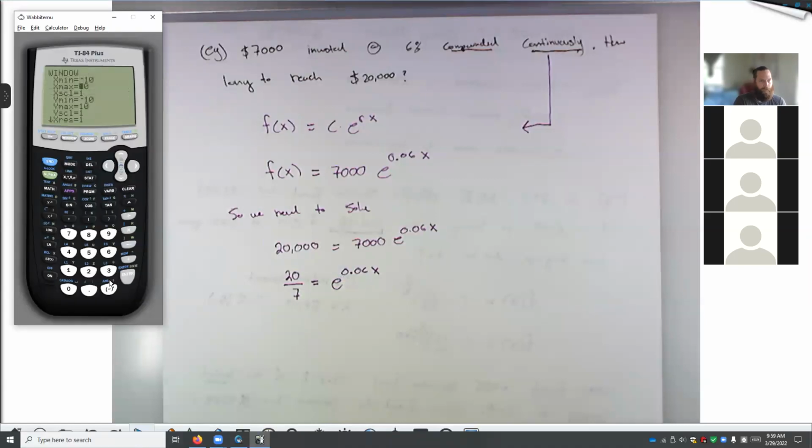Looks like I need to go considerably further to the right, so let's bump that up by a factor of 10 to 100 and see what we get. There we go. I can get rid of those big y mins, of course. Again, the exponential function is always positive. Looks like 100 is overkill, so let's go back to 50.